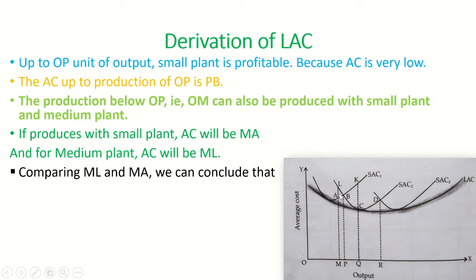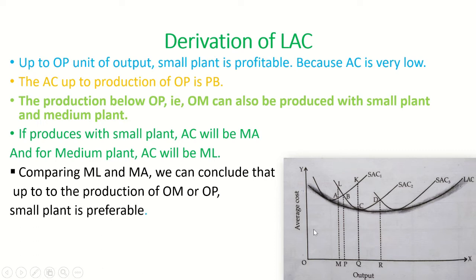Okay, so we have two average costs, MA and ML. Comparing MA and ML, we can conclude that up to the production of OM or up to the production of OP, the small plant is preferable because MA is less than ML. So we always prefer the reduced average cost.